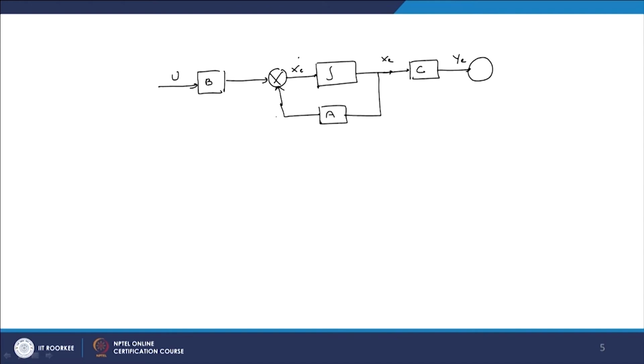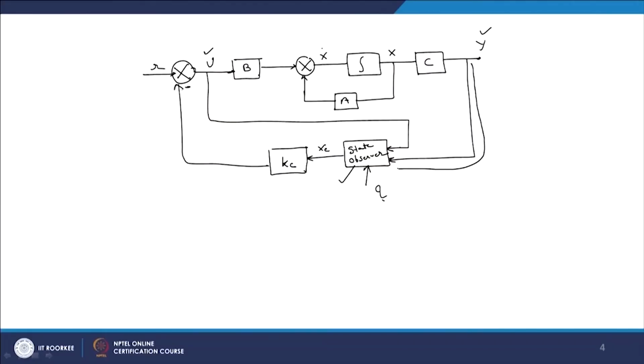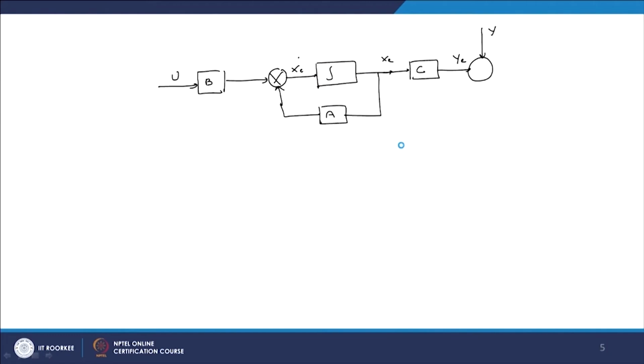And next, the output y which is coming from the actual system, you just see here this output is coming here, and it is shown here. This output ye is the estimated output, and because of y and ye there is an error, and this error is to be minimized.